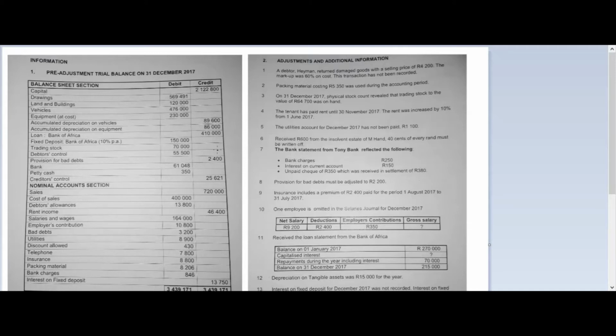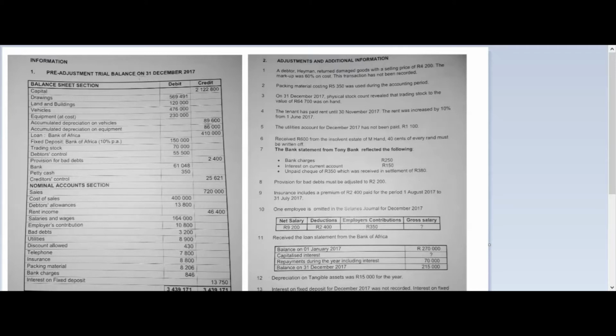I'm given the information above. The first information I have is the pre-adjustment trial balance on 31 December 2017. It is important to note that every time we are given the pre-adjustment trial balance, it is always given to us at the end of the financial year, which is the end date, because the pre-adjustment trial balance is drawn up at the end of the financial year.